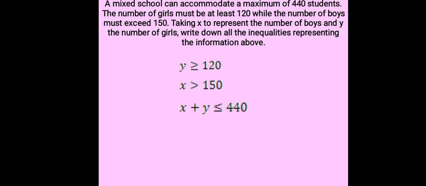Now we have been told that the number of boys must exceed 150. Sorry for reading that. Now this means that X, which is the boys, must be greater than 150.